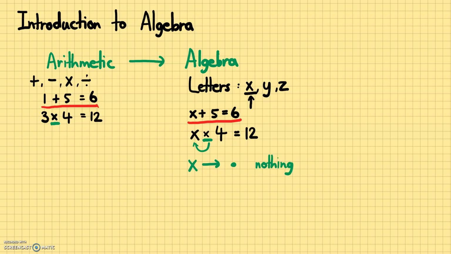When I'm trying to say X times 4, I can either use a dot for the multiplication, or I can just write 4x. I can either use nothing here, or a dot here. When there's nothing in between a letter and a number, it means it's being multiplied.